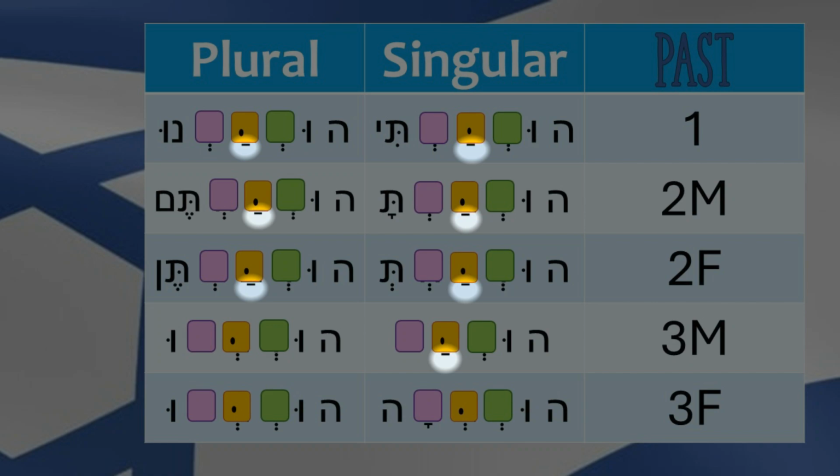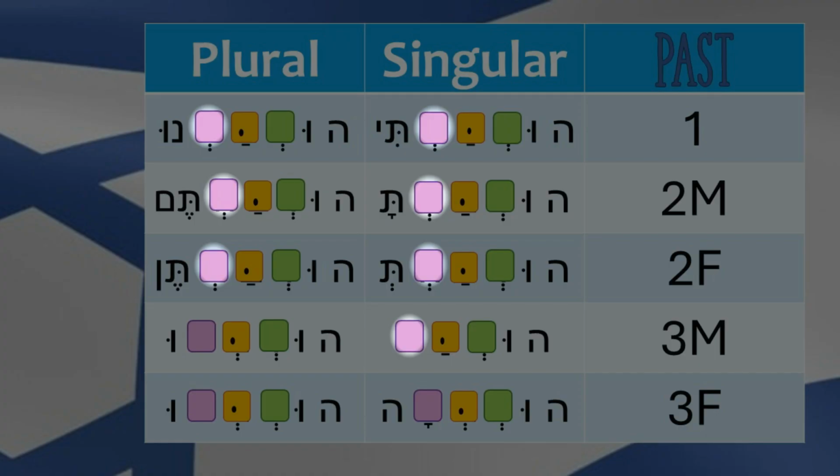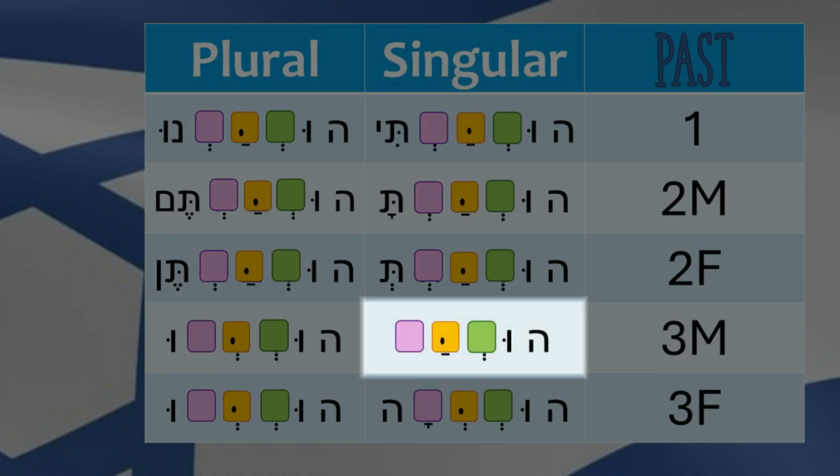And then we have the third shoresh letter. Now, if we're talking about the third person singular masculine, we're done. We don't put any kind of a vowel underneath that last shoresh letter because it's the last letter of the word altogether, and so it doesn't need a schwa.